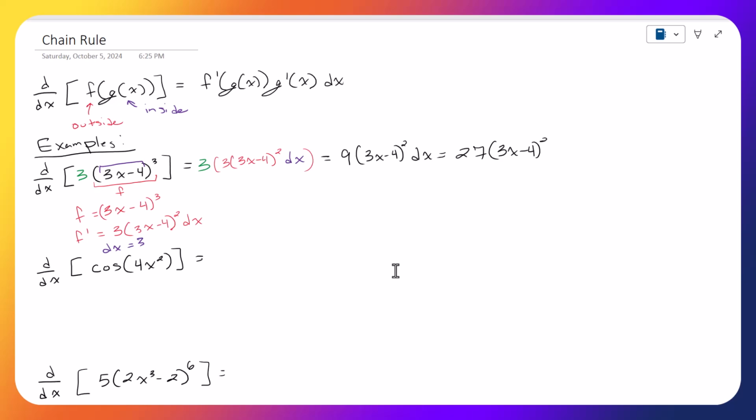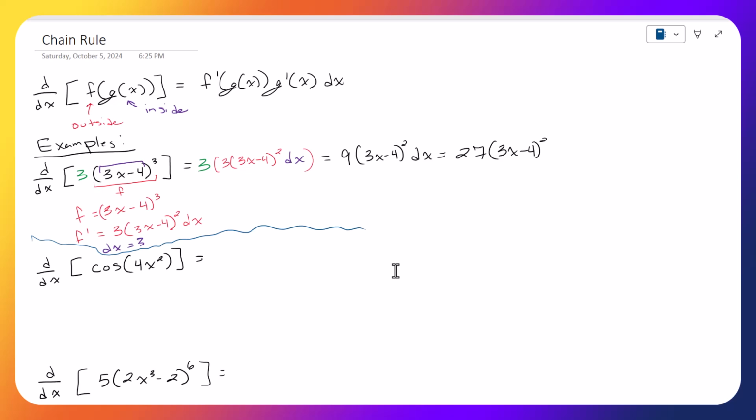Do this just to separate the problem out a little bit. Okay. And now I'm going to sort of slow down on my denoting stuff, because now that we're doing it like this, I don't need to write it out as much anymore, because my outside function is cosine.